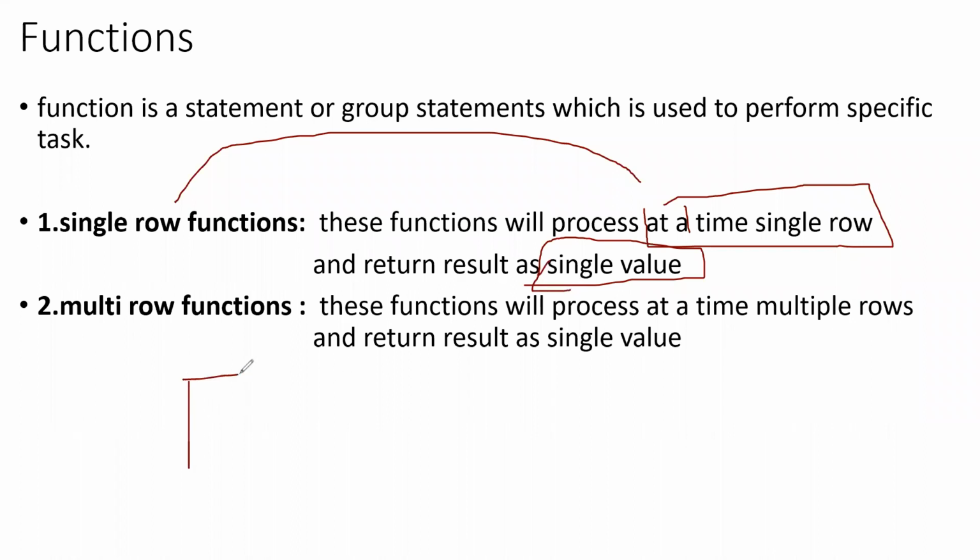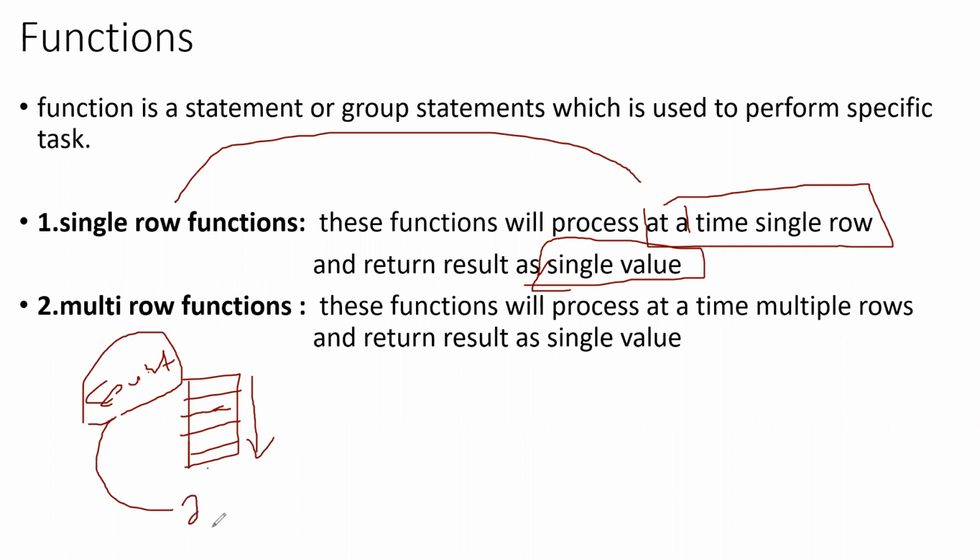If you want to count the number of students, right? So using count, we are going to apply a multiple row or multiple column function. We need to count all the students present in this column. Simply, we will use the count function. After counting, it gives some value, that is, 20 students are there. So it's a single value. Of course, a multi-row function also gives a single value.